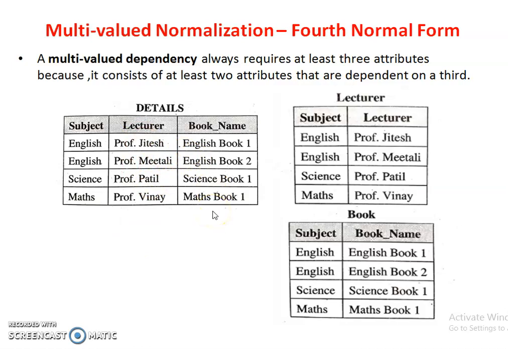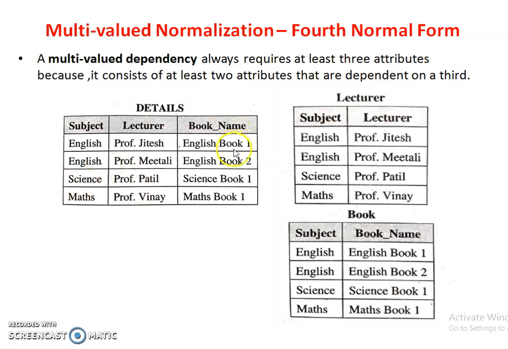So the subject English can be taught by either Professor Jitesh or Professor Mitali, and students also have two choices for a book of English, and they can refer to either English book 1 or English book 2. So hence the relation will be subject determines lecturer, and subject determines book name.